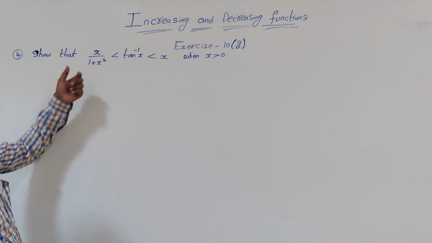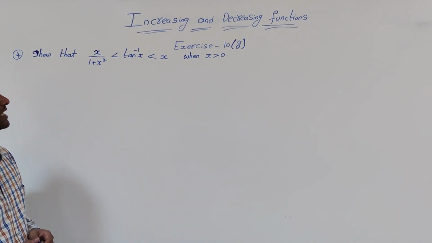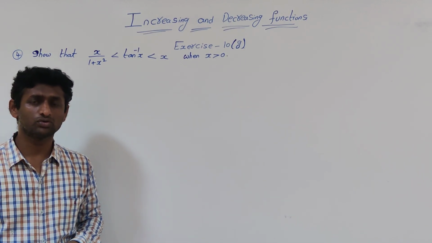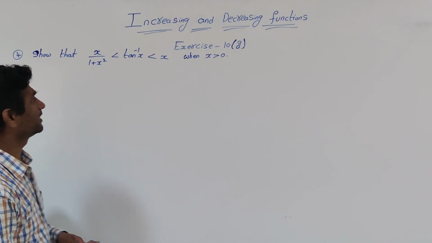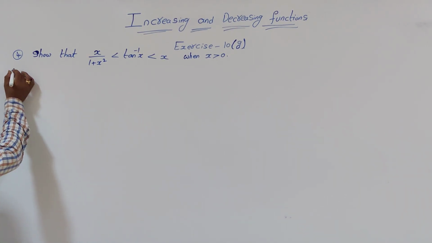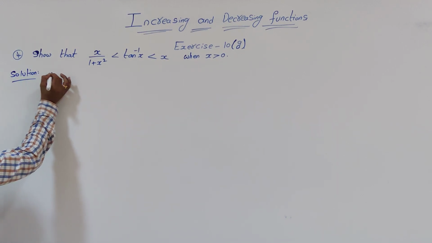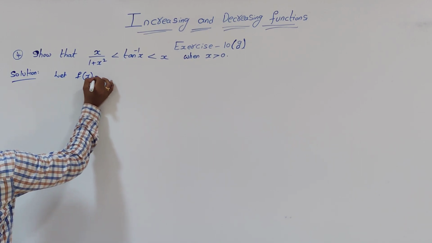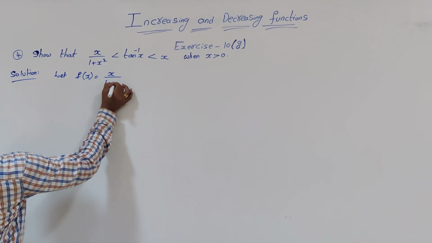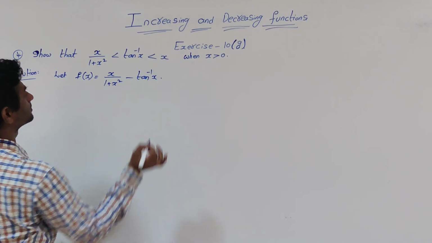Show that x by 1 plus x square is less than tan inverse of x, which is less than x, when x is greater than 0. This is similar to the previous problem. Now we will try to find the solution. Let f of x be equal to x by 1 plus x square minus tan inverse of x.